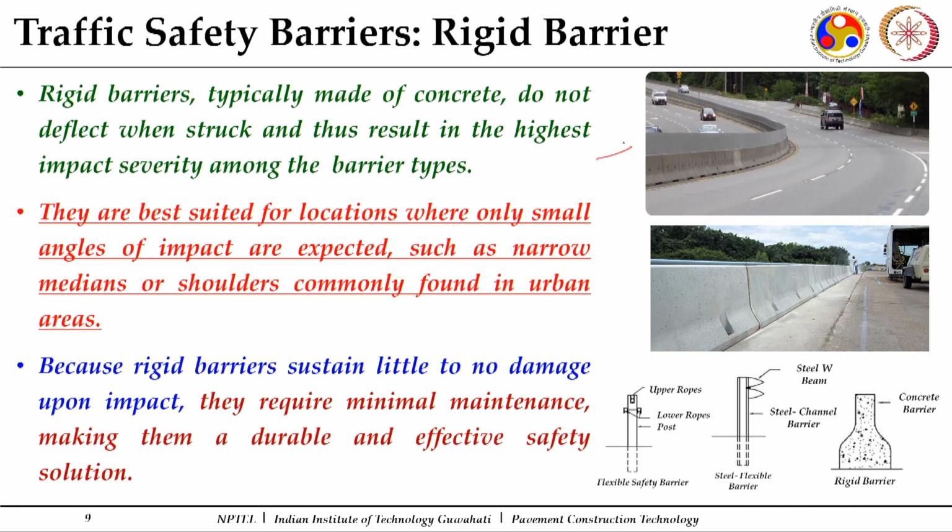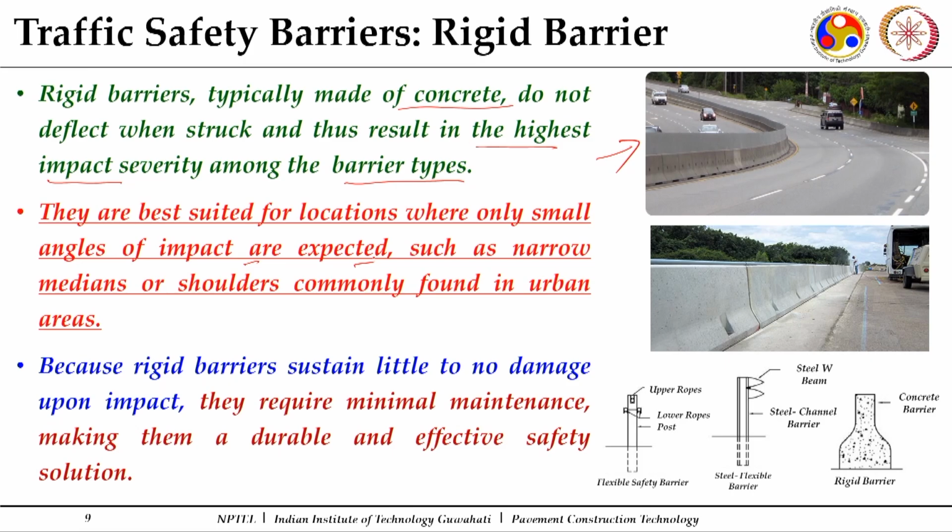Then the last category is the rigid barriers, and they are typically made of concrete and do not deflect when struck, and therefore they result in the highest impact severity among all three barrier types compared to the flexible and semi-rigid ones. They are best suited for locations where only small angle impacts are expected.